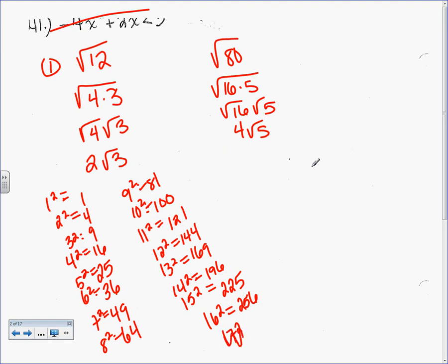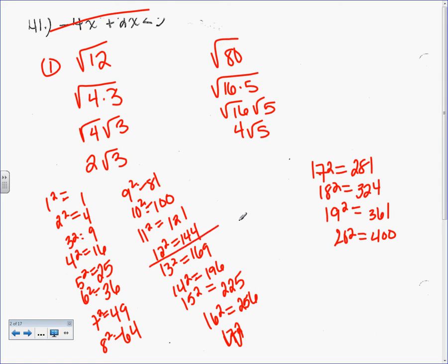I'm actually going to put it here. I'm sorry I'm going sideways. I'll stop doing that. What's 17 squared? 281. 18 squared? 324. 19 squared? 361. And 20 squared? 400. Everybody typically knows up to here. Most people know that 12 squared is 144, right?